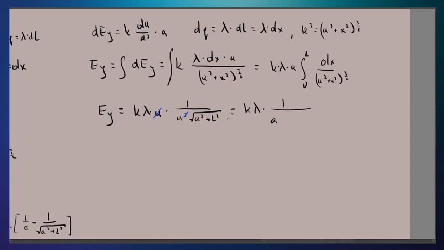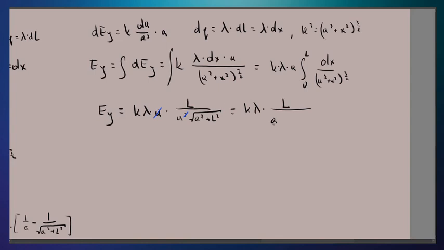Well, I found another error here. Long story short, this should be right here. I'm missing an L. Was it L or L squared? It was L. So I'm missing an L here. This should be an L. So then that L carries over.